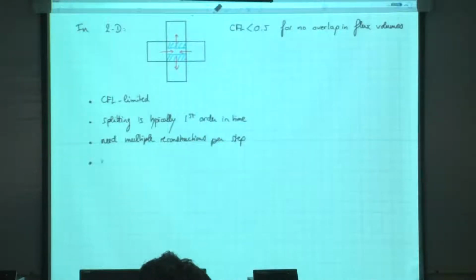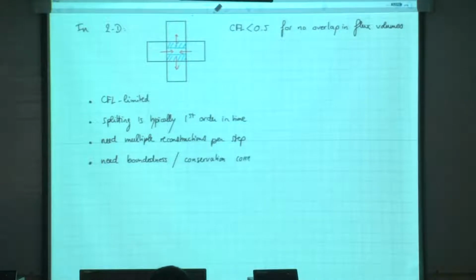So I'll say that we need a boundedness slash conservation correction to account for the sub-step or the split velocity dilatation.